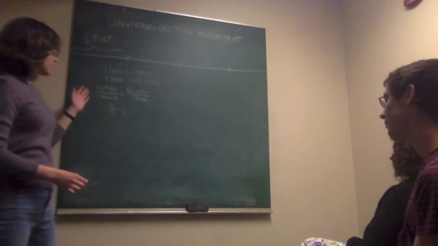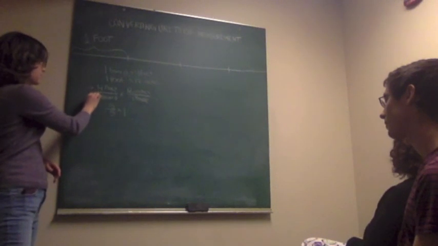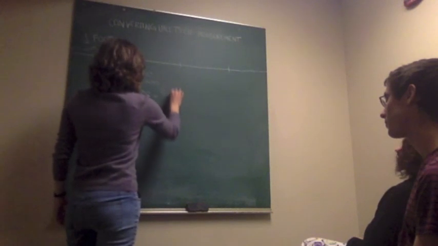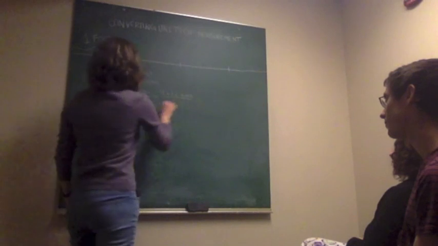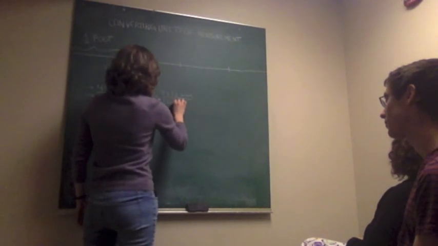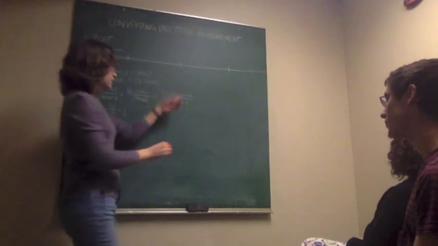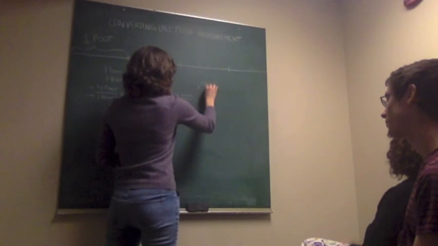And then to multiply these fractions, we can first multiply across the top and then multiply across the bottom. So on the top, we're going to have 4 times 12 inches, and on the bottom, we'll have 1 board times 1. So here we have 4 times 12 inches. We can do 12 times 4.